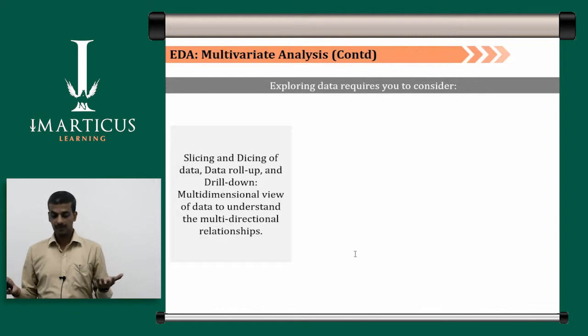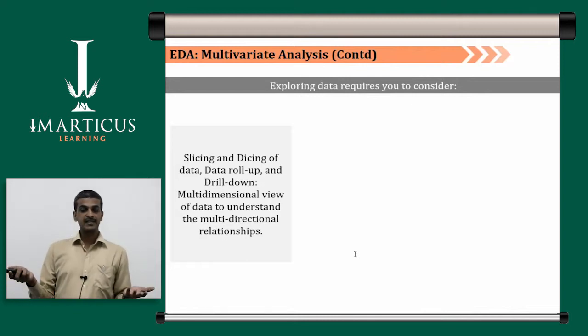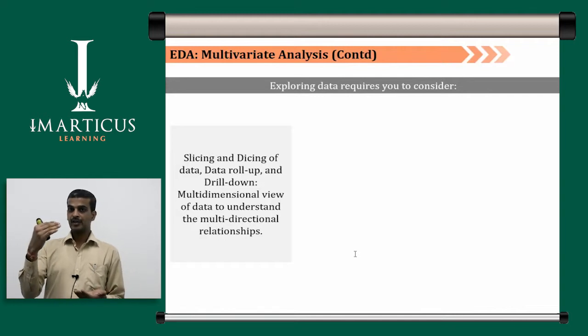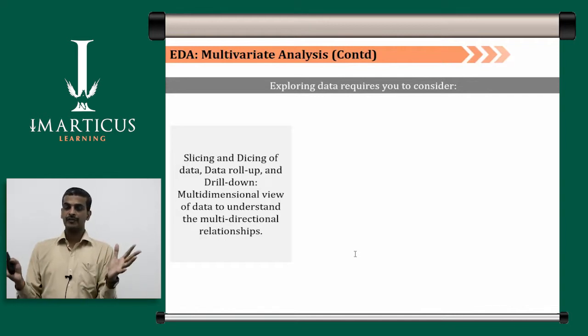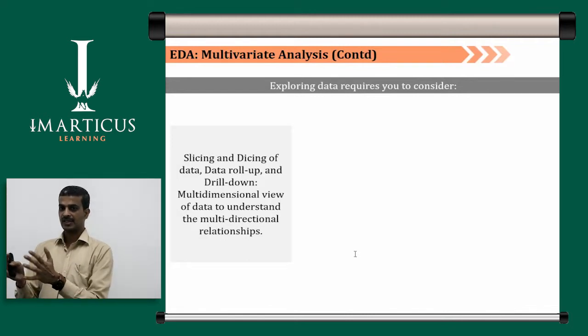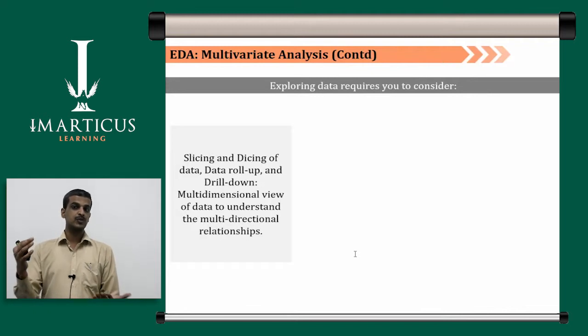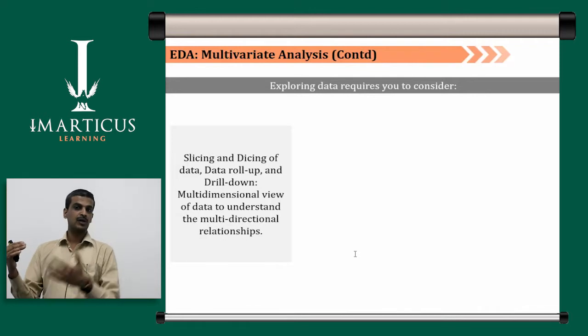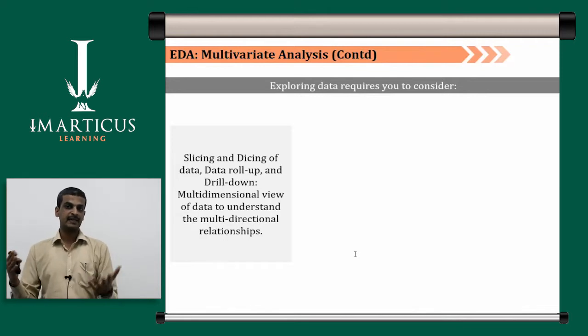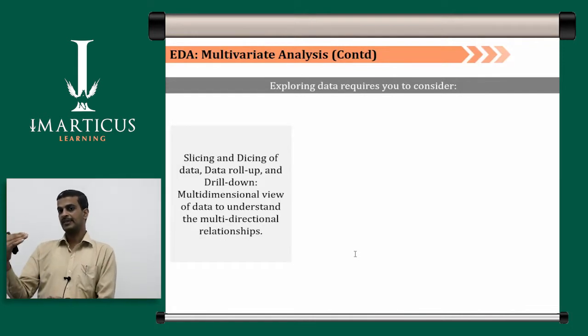For example, if you are analyzing an annual sales report, and you are interested in seeing only the yearly view of the data, then you can create a view which gives you the yearly picture of the data. If other business users want to see the same analysis in half yearly mode, or quarterly mode, or the monthly mode, or the weekly mode, or the daily mode, you can have different views of the data.